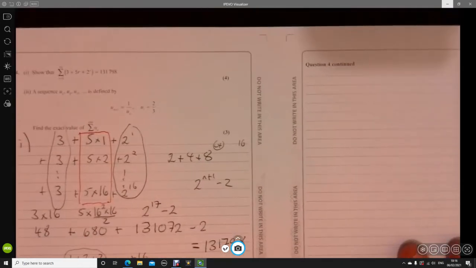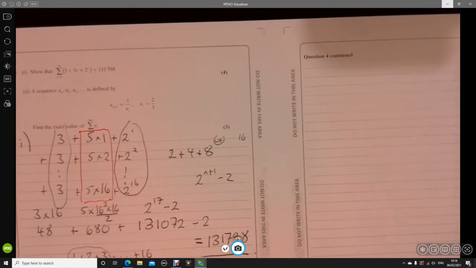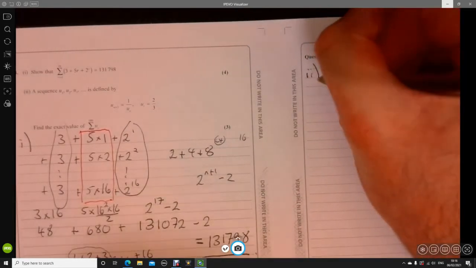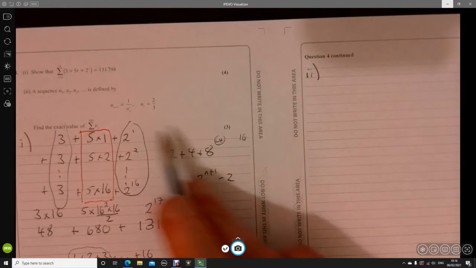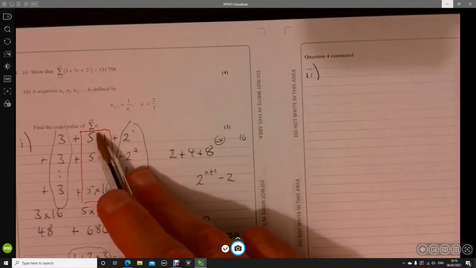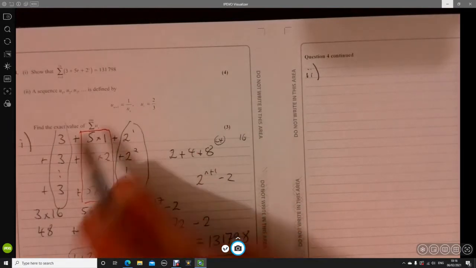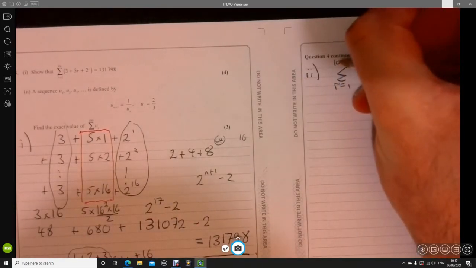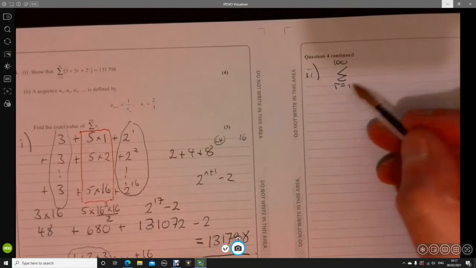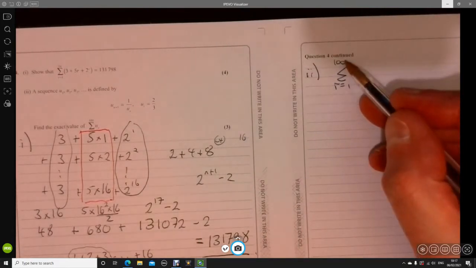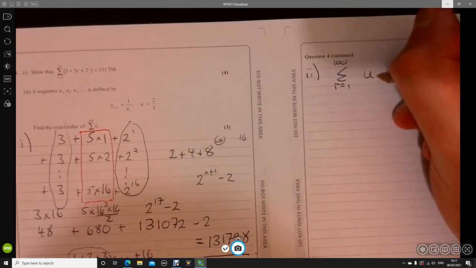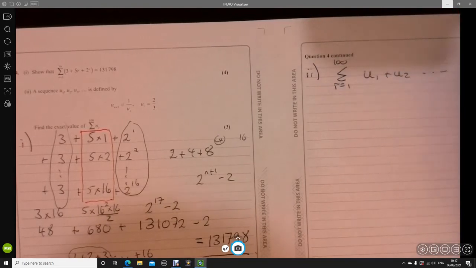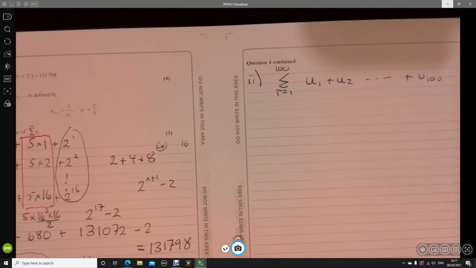All right, now let's look at the second part. Now, to be honest with you, I think the second part looks terrifying. Right, I'm looking at this, yuck, this looks really scary. But actually, this is all it is, all right? So that just means sum from the first to the 100th. So in other words, it's U1 plus U2, etc., plus up to the 100th one.